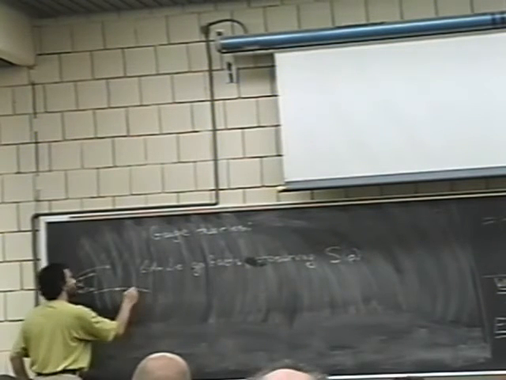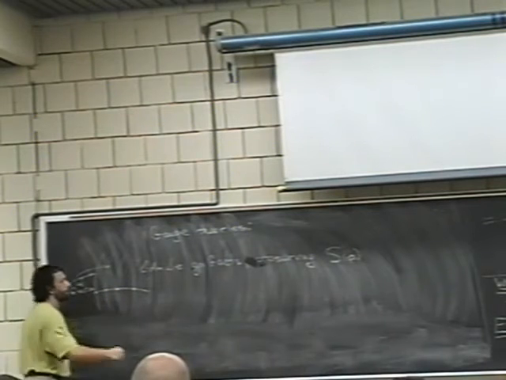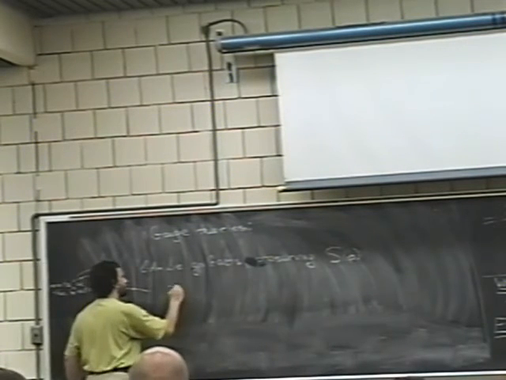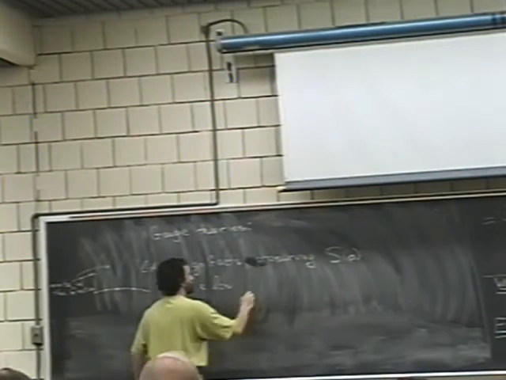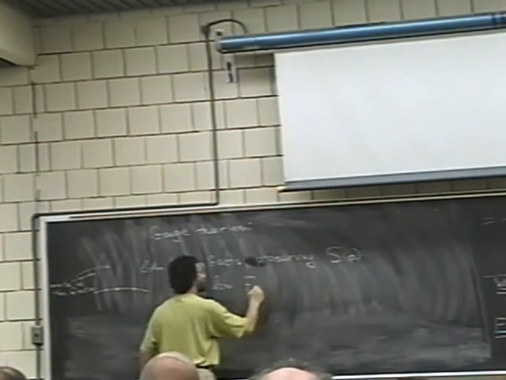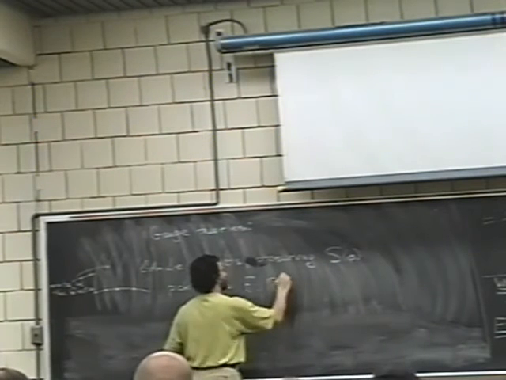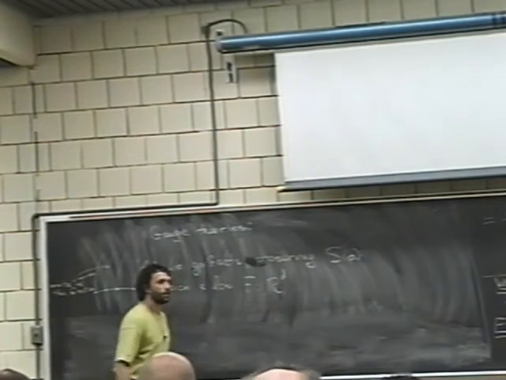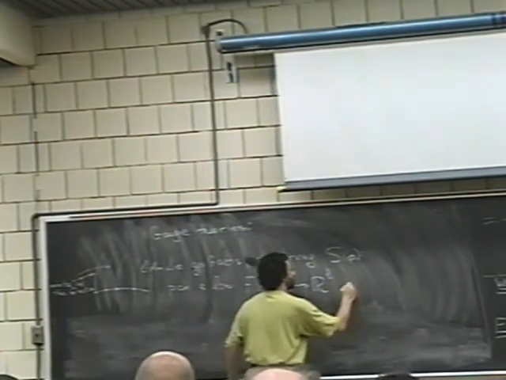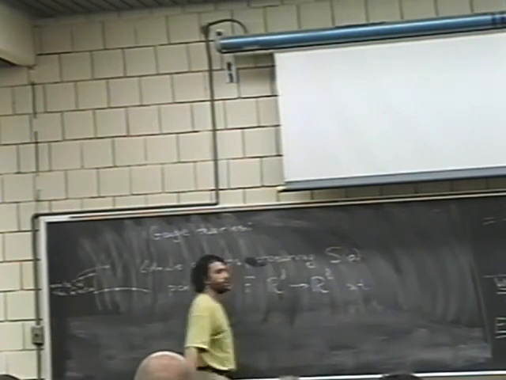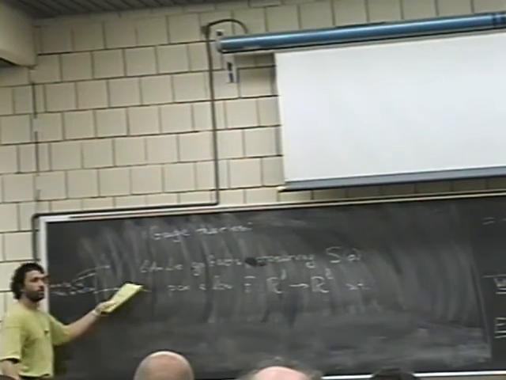Now, how can we do that? Well, what we can do is pick a function, say capital F, from R^D to R^L, such that it has only one zero on each orbit.